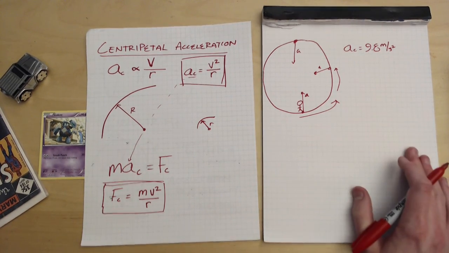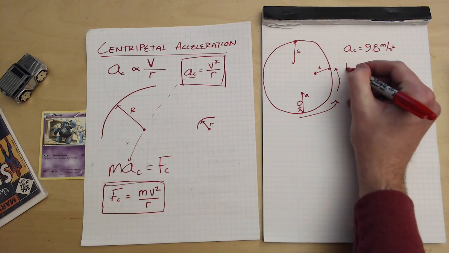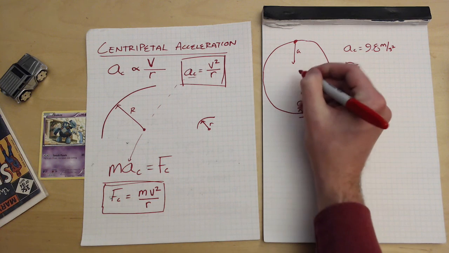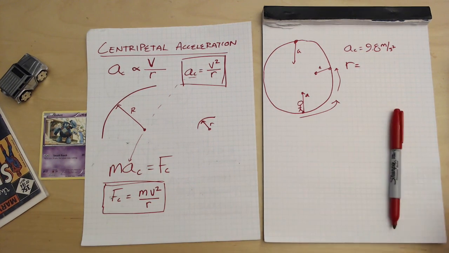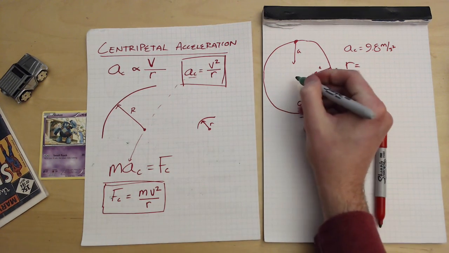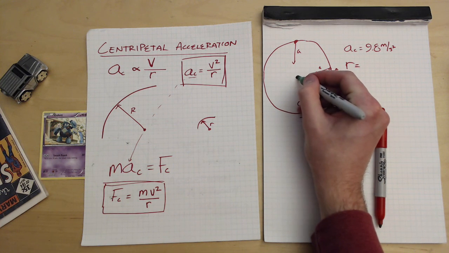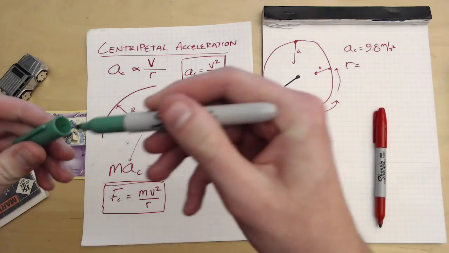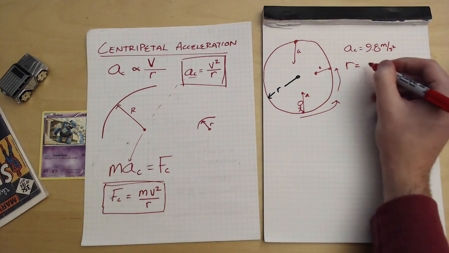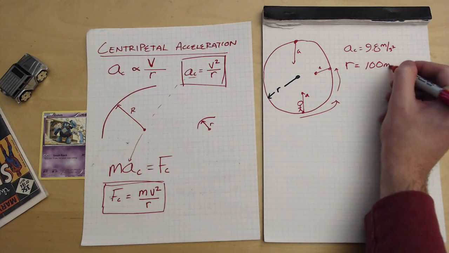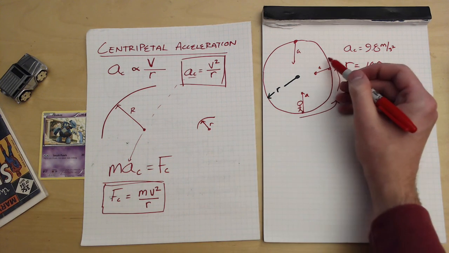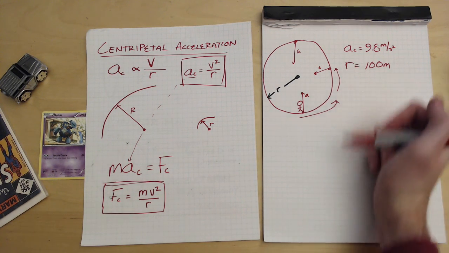Okay, so we're in space and we're spinning around. So let's say, I don't know, that our space station has a radius of, let's say, a football field, about 100 meters. So that means from the diameter, so from one edge to the other, you could fit 2 football fields.